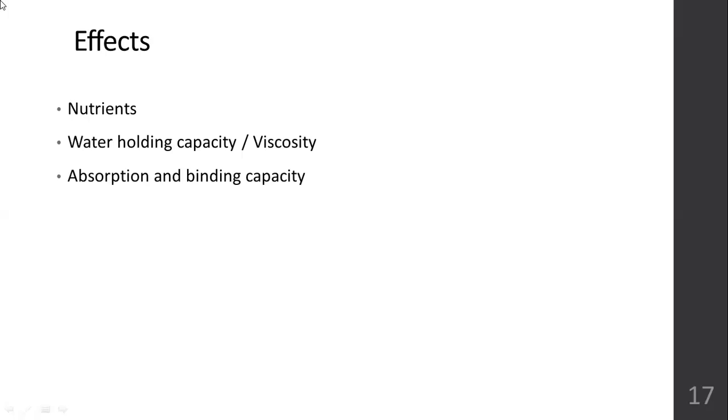Then absorption and binding capacity. The soluble dietary fibers have the ability to bind the enzymes and nutrients in the gastrointestinal tract. Because of this ability to absorb substances, it becomes fermentable.